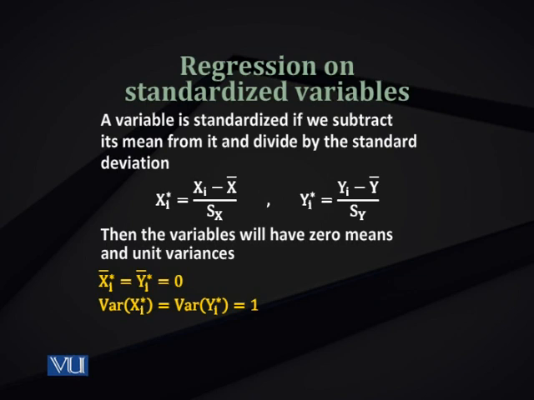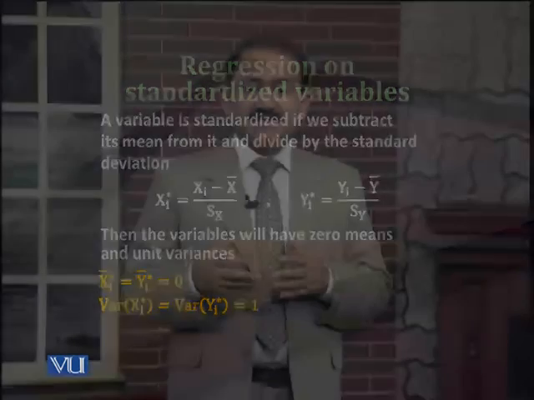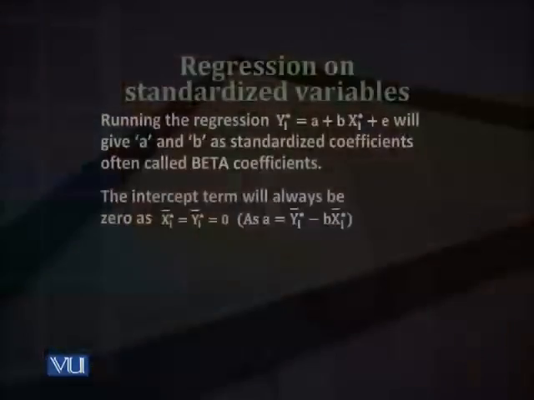Similarly, the variance of the standardized variable x and the standardized variable y are unit. So it doesn't matter now in what unit of measurement you are expressing the variables, because as you have standardized the variables, the interpretation is comparable now. So you can compare results of two different regressions as well, because they are free of unit of measurement now.